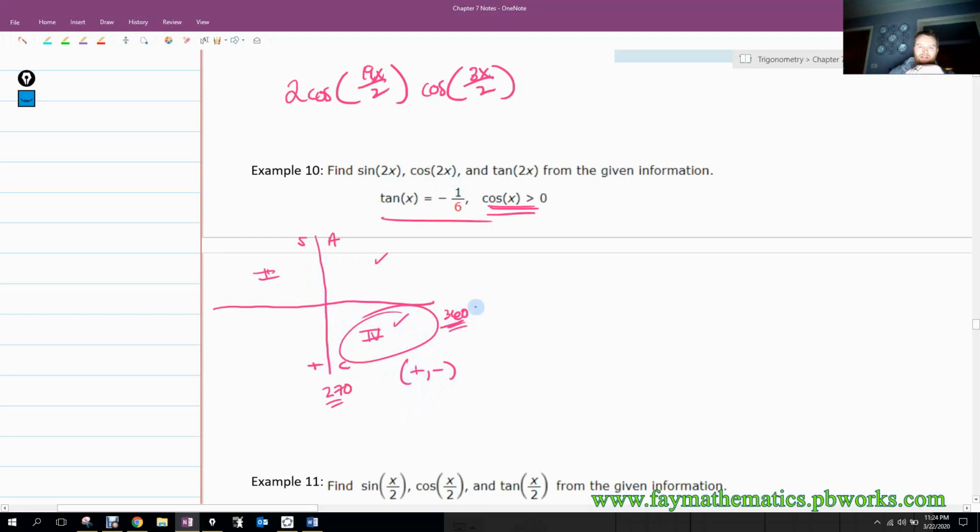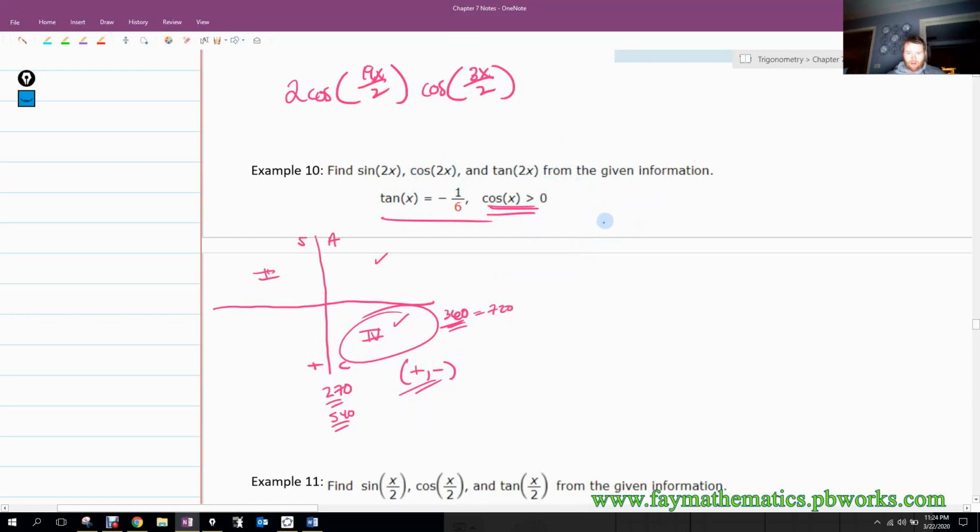If I double this, that becomes 720, and this becomes 540. So that's what we're thinking about here in terms of choosing the correct sign of sine 2x, cosine 2x, tangent 2x. If it comes down to it, it'll be something out of the fourth quadrant.